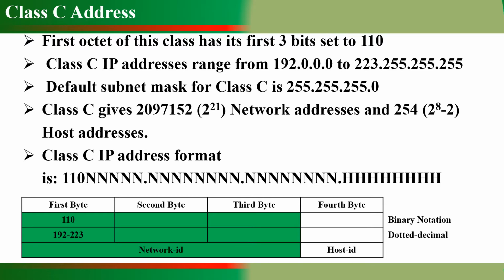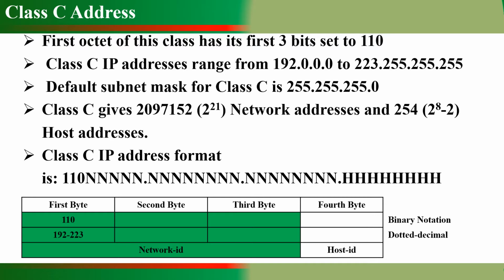Default subnet mask for class C is 255.255.255.0. Class C provides us 2 raised to power 21 network addresses and 2 raised to power 8 minus 2, that is 254 host addresses.